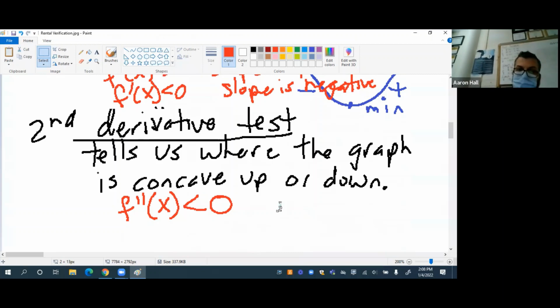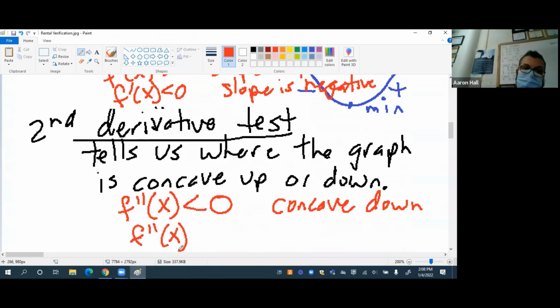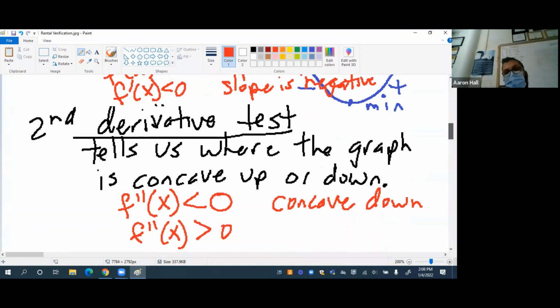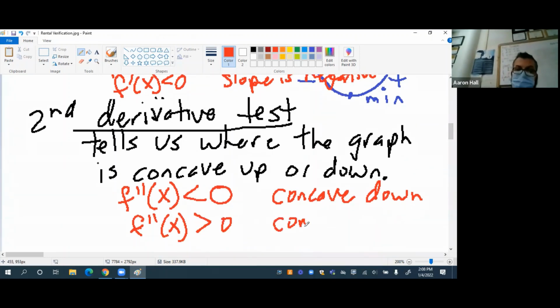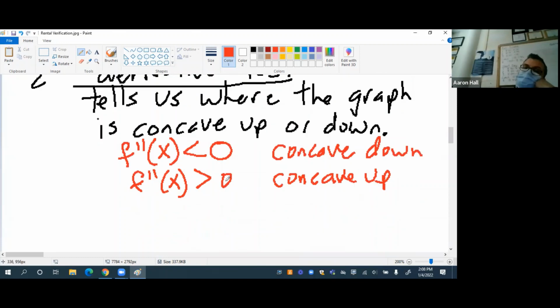So this is concave down, which means that if our second derivative is greater than 0, that means what? Concave up. So what could potentially be when our second derivative is equal to 0?